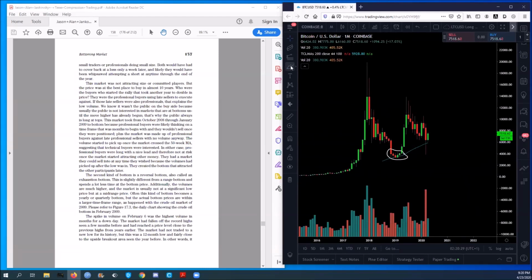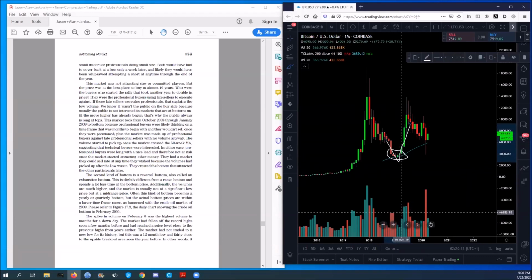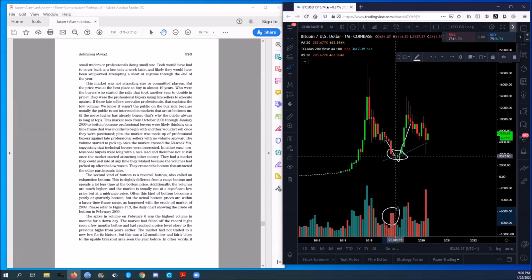Look at this snap action. Look at this volume. Does that look like a true bottom with a range that proves support, gives the big picture time to accumulate, allows the large players a real chance to get into this market safely?